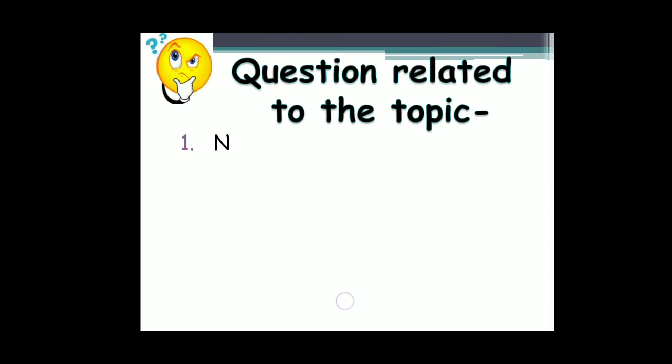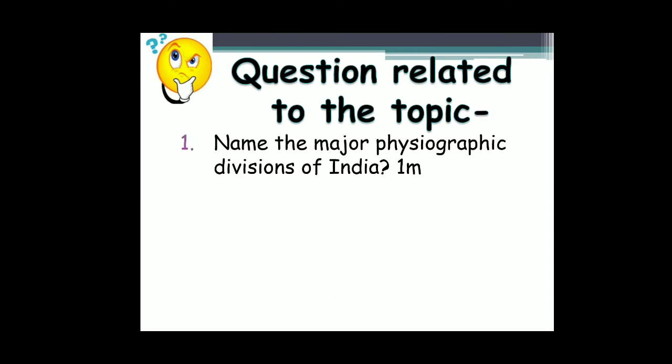Now the questions related to the topic: Name the major physiographic divisions of India. That is the Himalayan mountains, northern plains, peninsula, Indian desert, coastal plains, and islands. These are the major physiographic divisions.